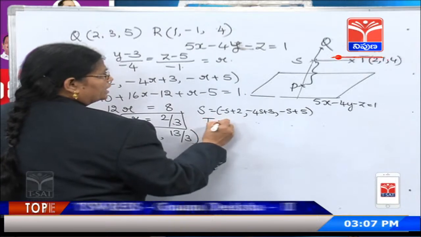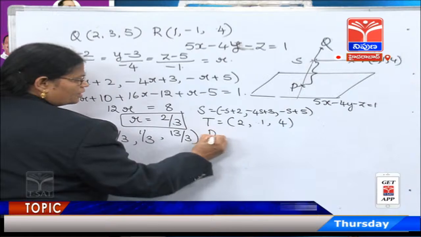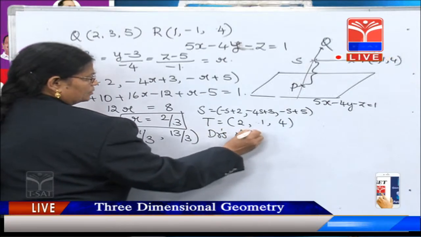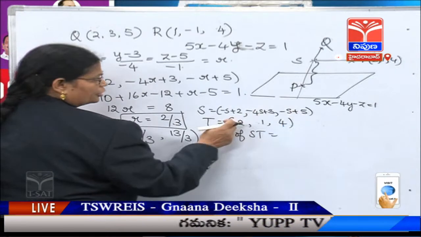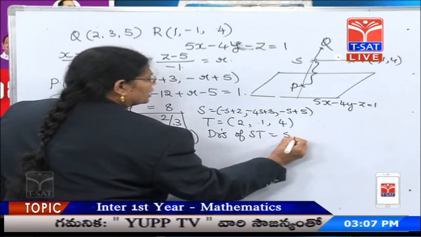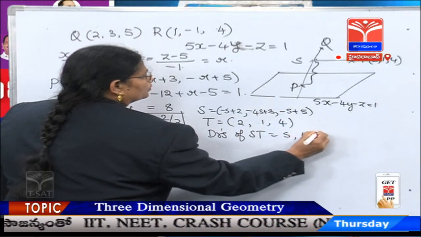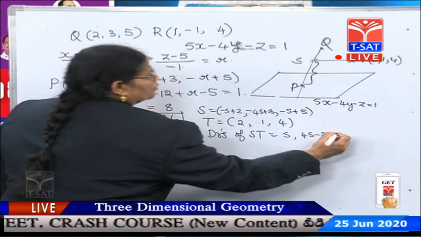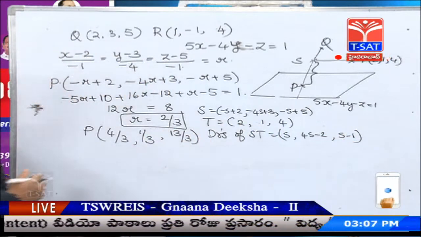T point is (2, 1, 4). So, what are the DRs of ST? x2 minus x1, y2 minus y1, z2 minus z1. So, this becomes S, 1 minus 3 minus 2, and 4 minus 5, which is minus 1. These are the DRs of ST.